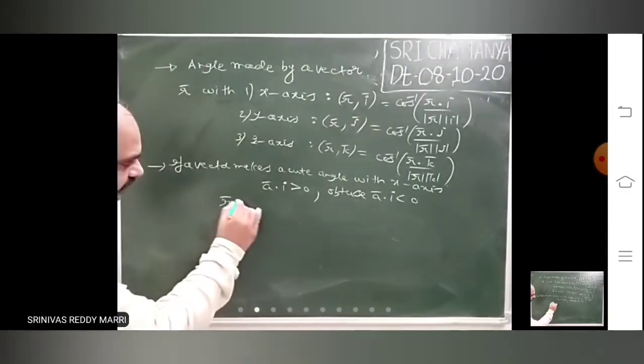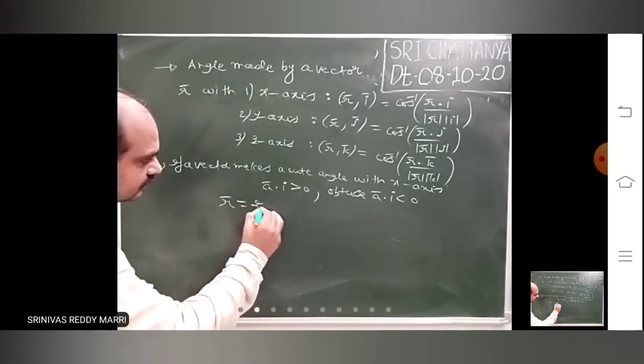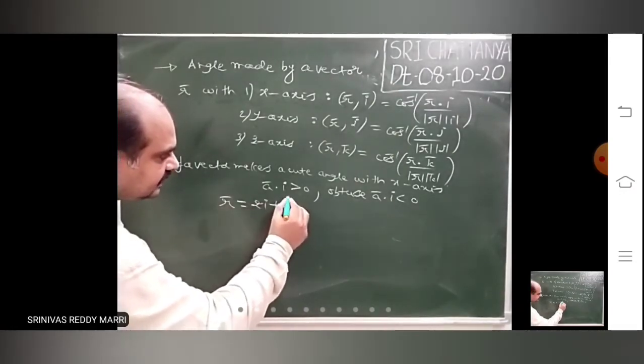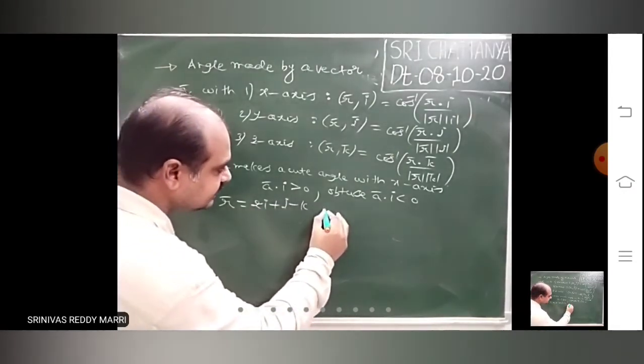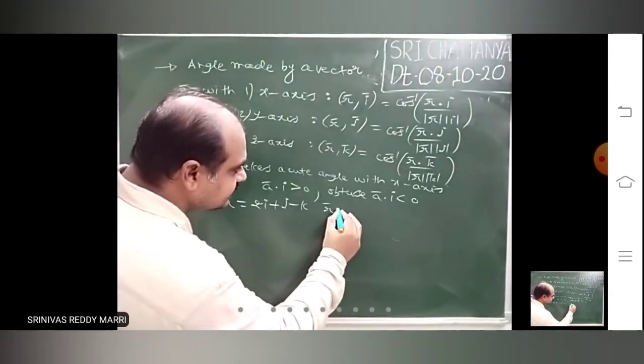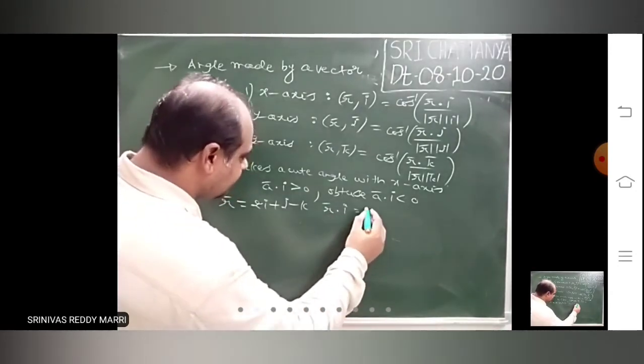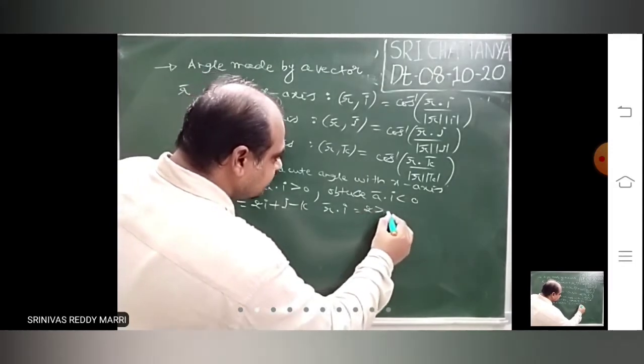Suppose take one vector 2i plus j minus k. Suppose if you calculate r bar dot I, this is greater than 0.